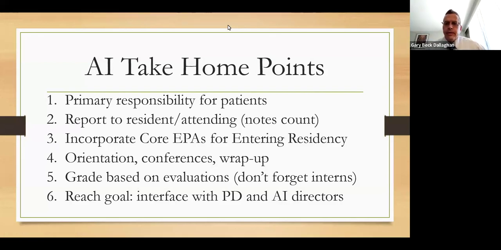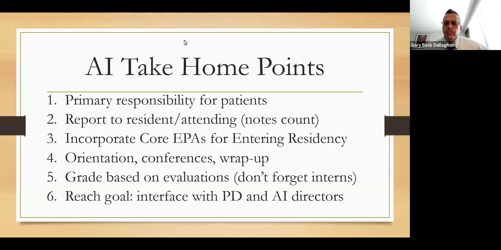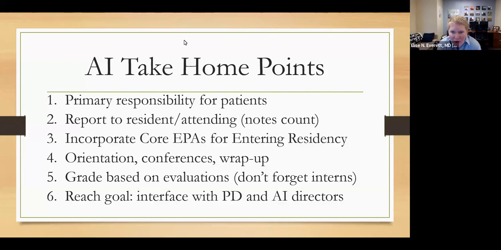Yeah, hi, I'm Elise Everett from the University of Vermont, and we've done some work through APGO around trying to make the EPAs meet up with the residency milestones.